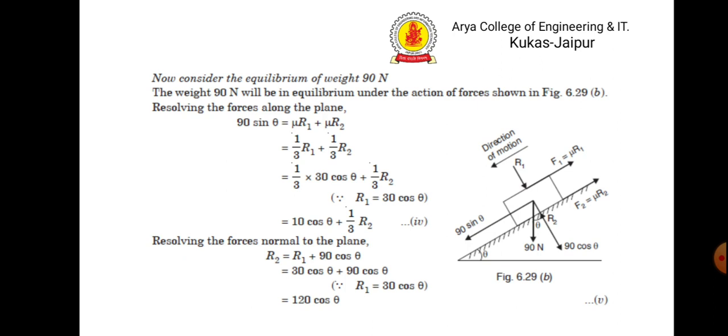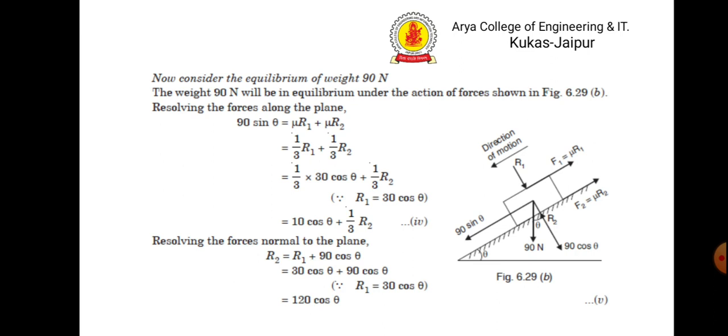We put the value here and get equation number 4. Now if we resolve the forces perpendicular to the plane, R2 upward equals R1 downward plus 90 cos theta, also downward. So R2 will be equal to 120 cos theta. Again here we put the value of R1.